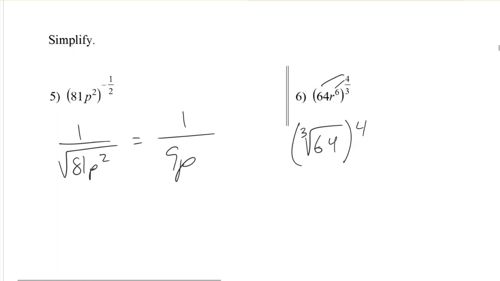And r to the 6th, right? 6 times 4/3, well, that makes 2. 2 times 4 is 8. So that's times r to the 8th power. So the cubed root of 64, well, what is that? 4. 4 times 4 is 16, so 16r to the 8th.